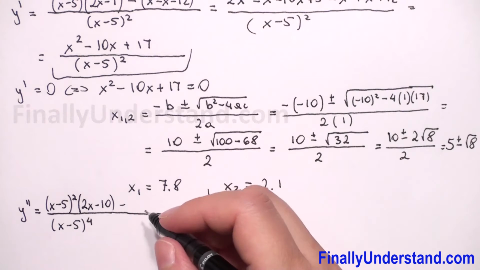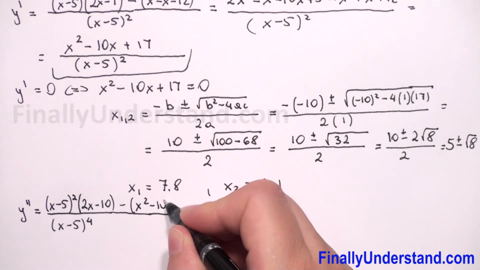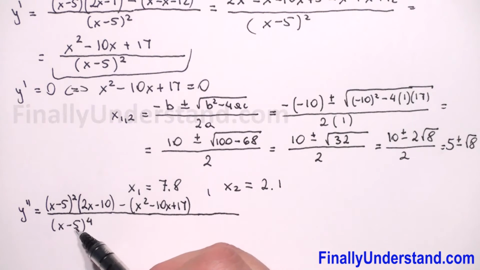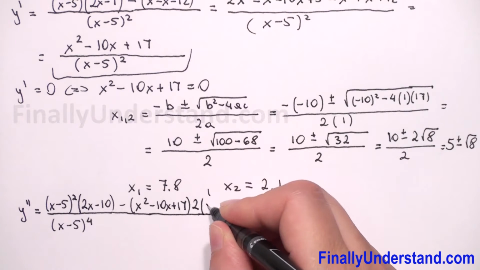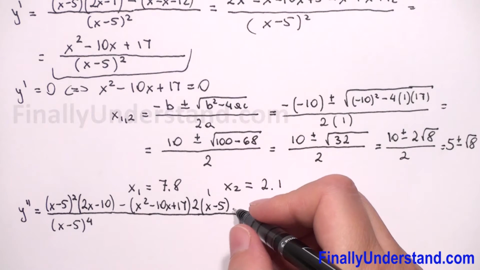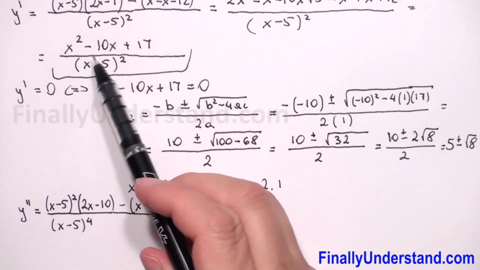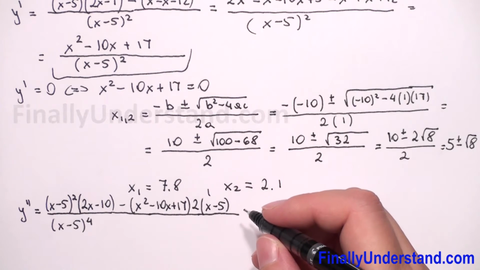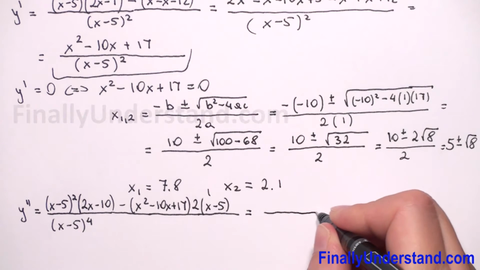minus, now we have to copy the numerator, so we have x squared minus 10x plus 17 times the derivative of our denominator. We have a composite function, so we have 2 times (x minus 5) to the power 1, because 2 minus 1 is 1, and the derivative of the expression in parentheses is 1, so I don't have to write this. So now this is equal to, because we have x minus 5 in this expression and x minus 5, I will factorize this.